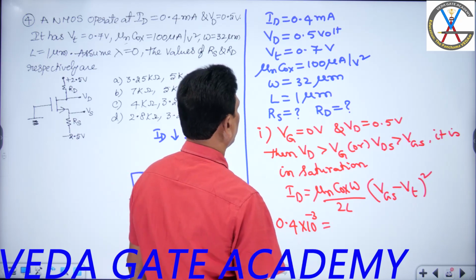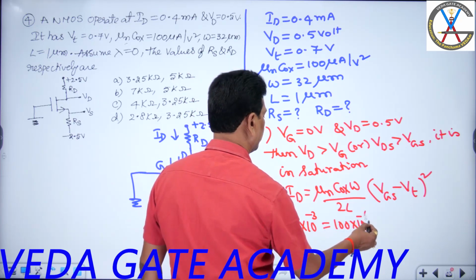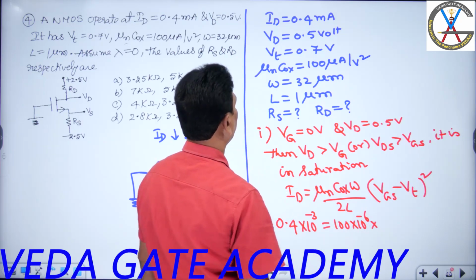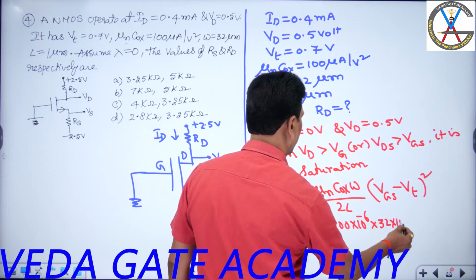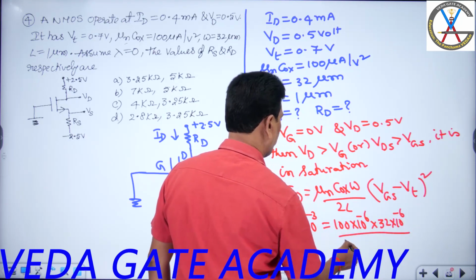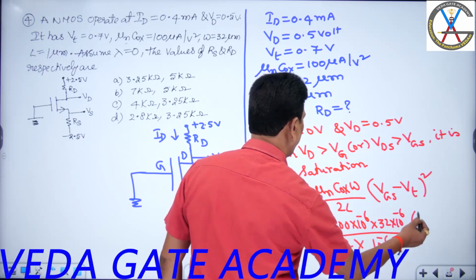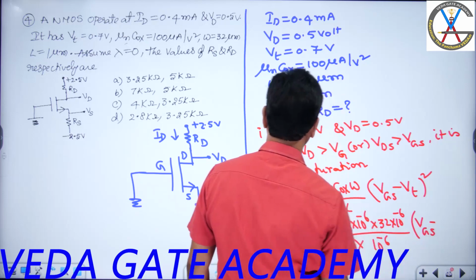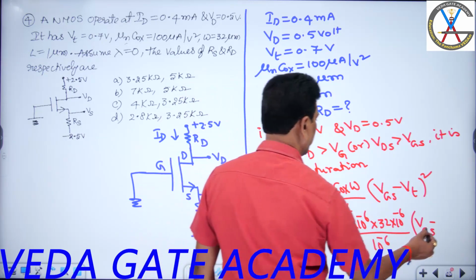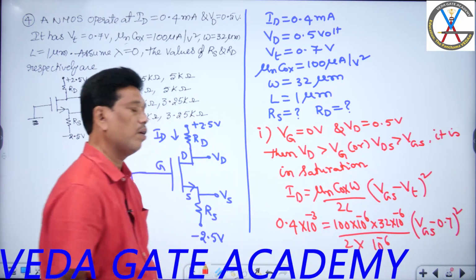Mu n COX, students, 100 micro. W by L, W is separately given as 32 micro, divided by 2L, L is 1 micro, into VGS is unknown, VT equal to 0.7, students, whole square. Got it now?